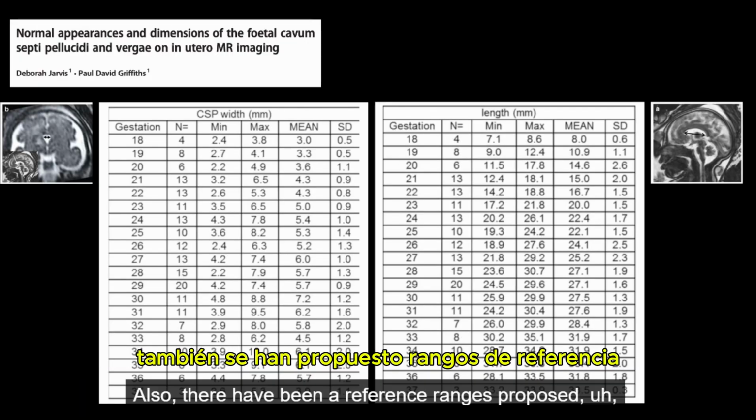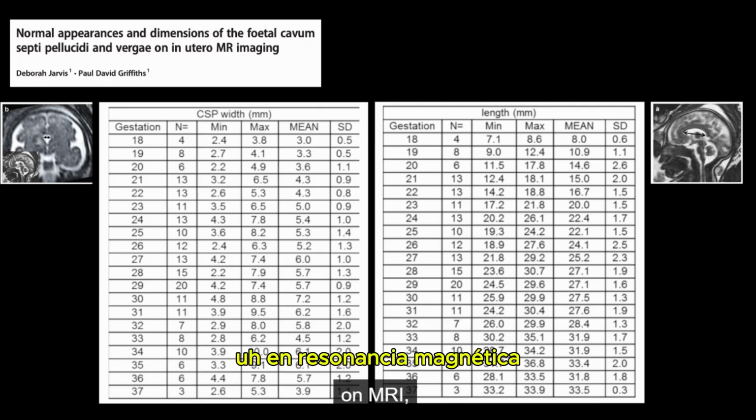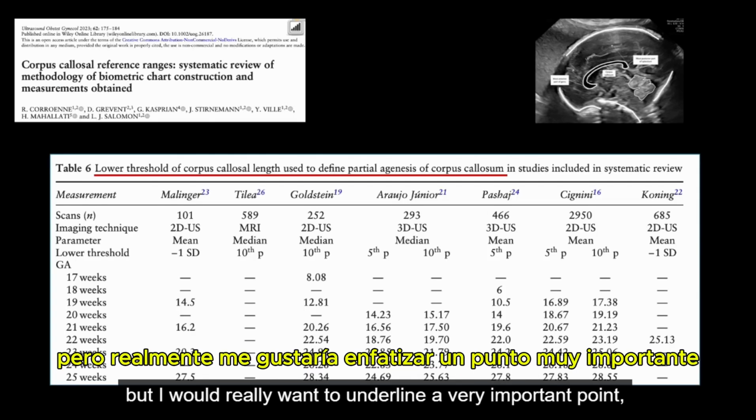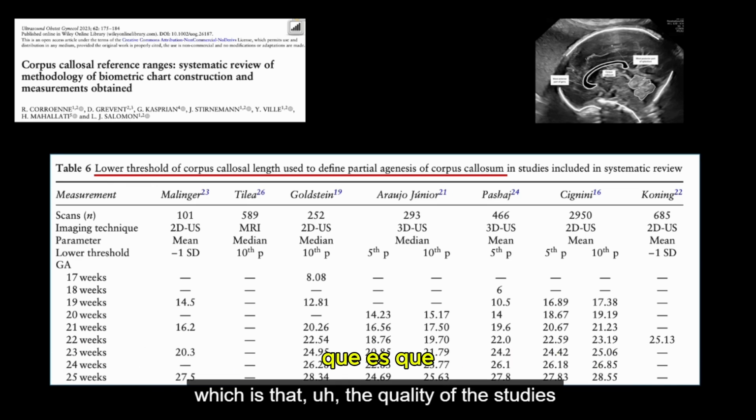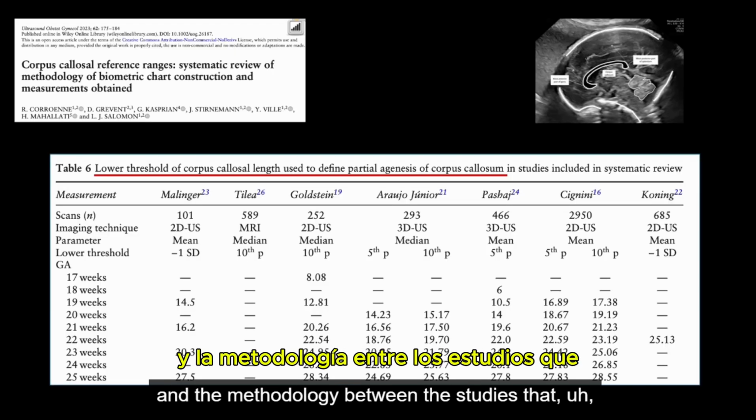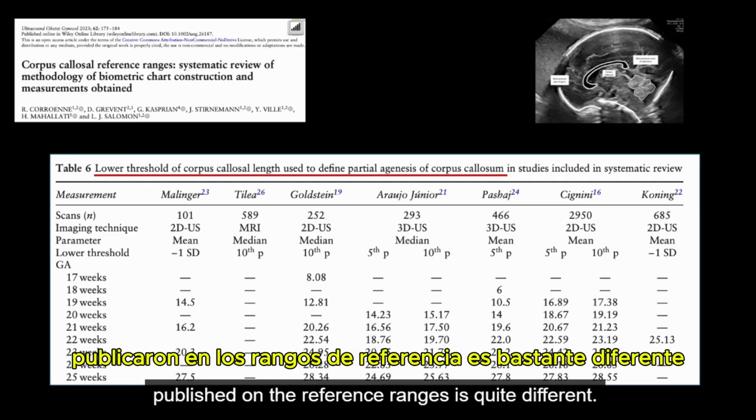Also, there have been reference ranges proposed on MRI. But I would really want to underline a very important point, which is that the quality of the studies and the methodology between the studies published on reference ranges are quite different.